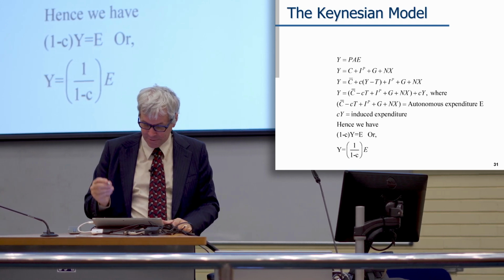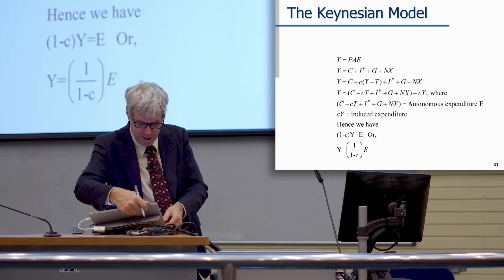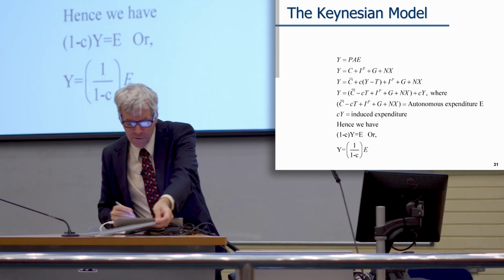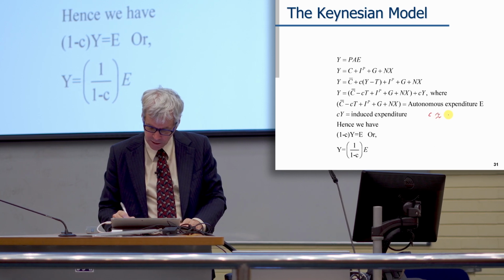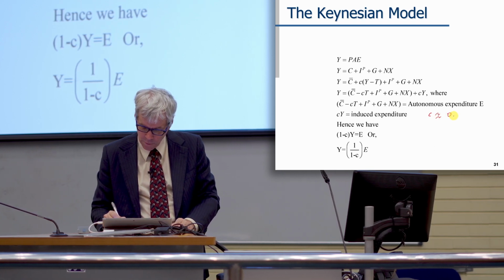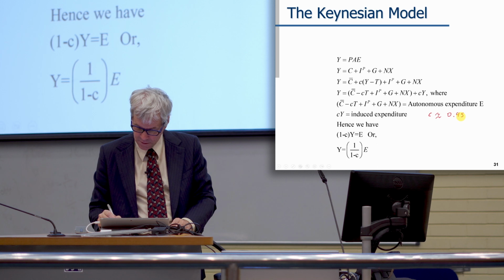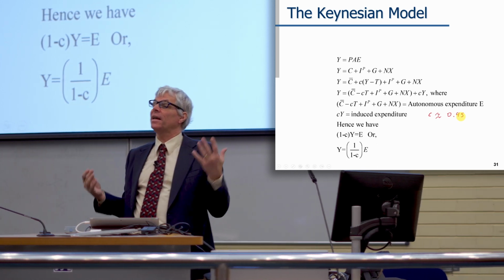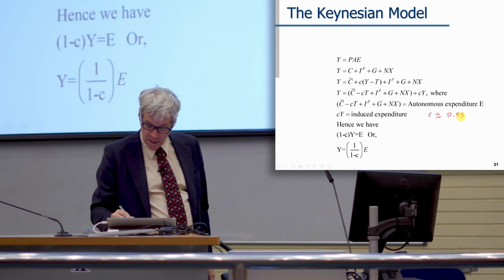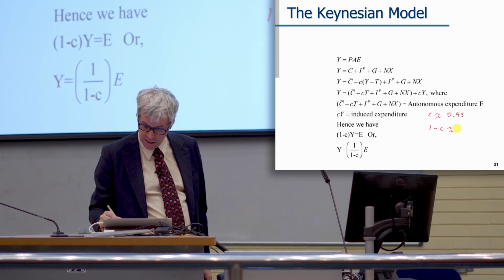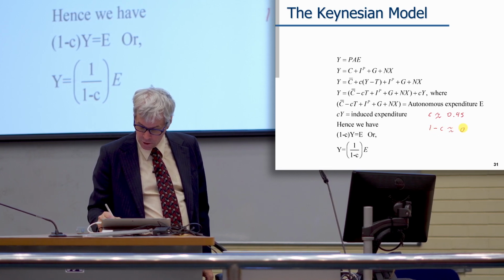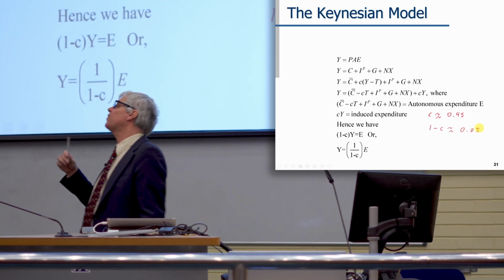People were asking me this after the class yesterday, so let me do it here. If we're thinking that c, little c, is more or less 0.95, that you spend 95%, then 1 minus little c is more or less about 0.05.